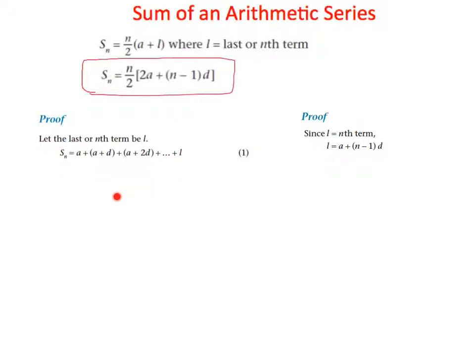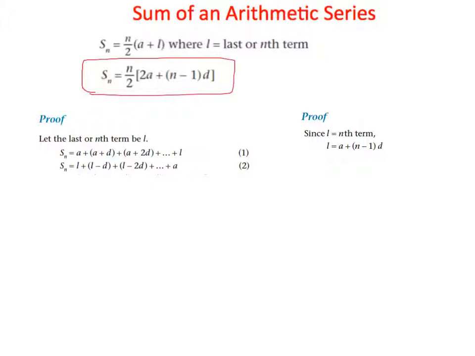Then, if we were to rewrite this formula again but in reverse, you can see that the last term is first, and then the term before that would be L minus d, the term before that would be L minus 2d, all the way down till you get to the first term.